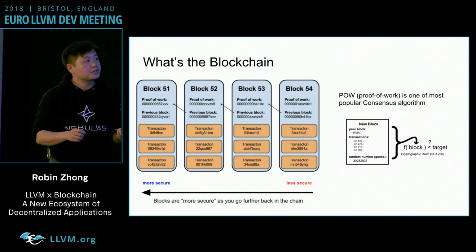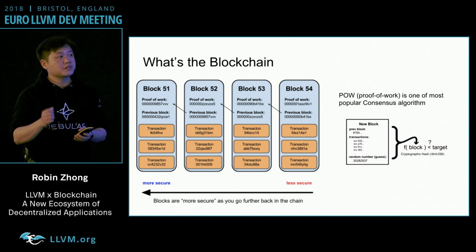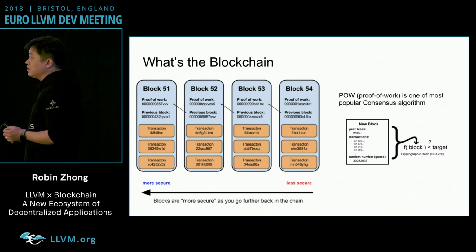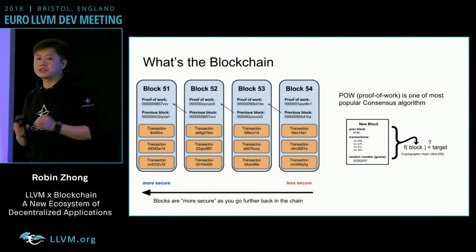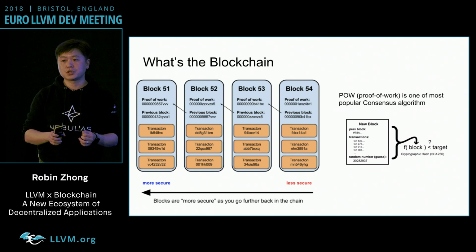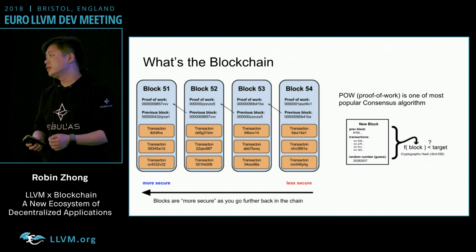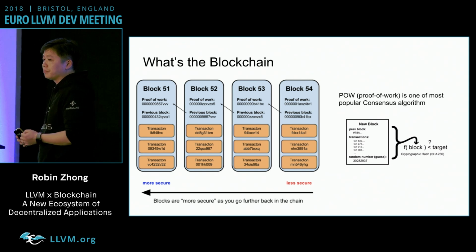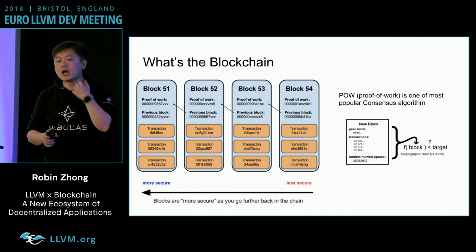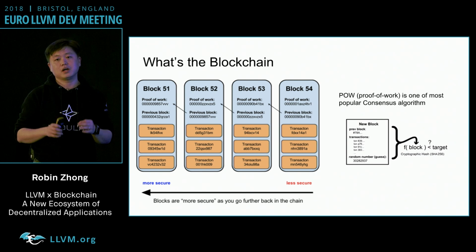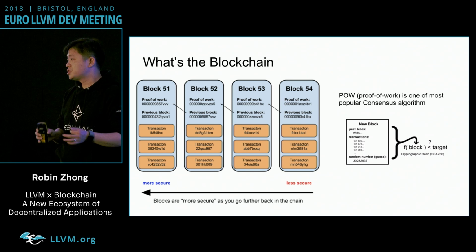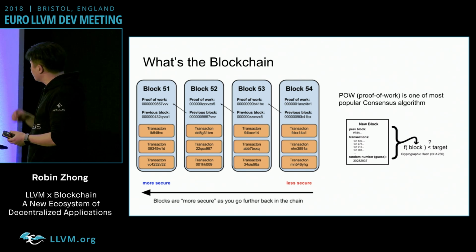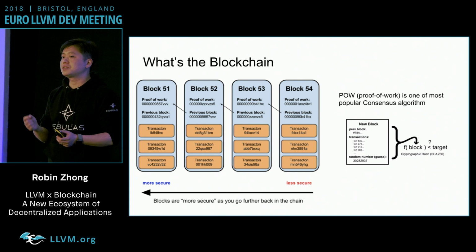Besides that, there's a challenge: how to tell the whole network which block is the right one at the current time. There are two different ways. One, represented by Bitcoin, is POW, proof of work. All the nodes compute a hash to find a nonce that meets the requirements.